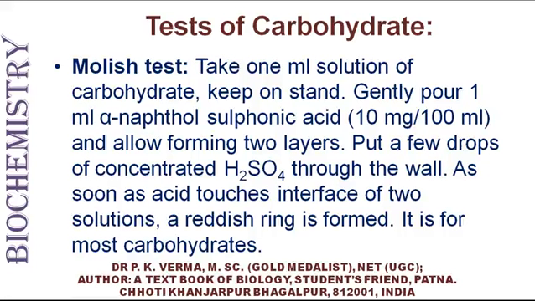If a drop of concentrated H2SO4 is put through the valve, when it comes near the interface of sugar and alpha naphthol solution, a purple violet ring is formed. If you mix the reagent with the two solutions, the color will be pink.